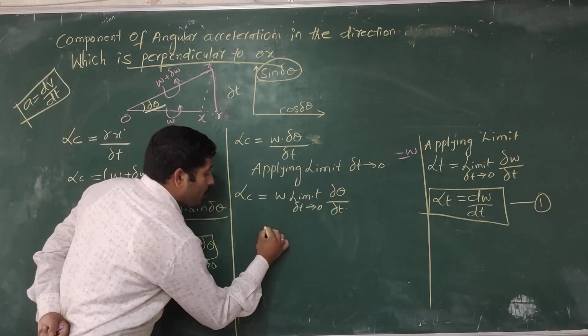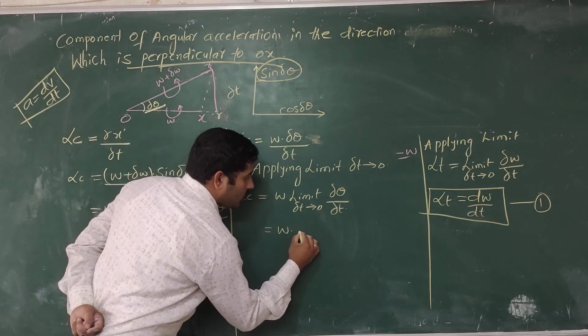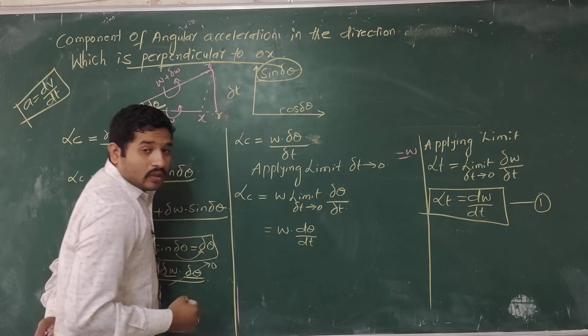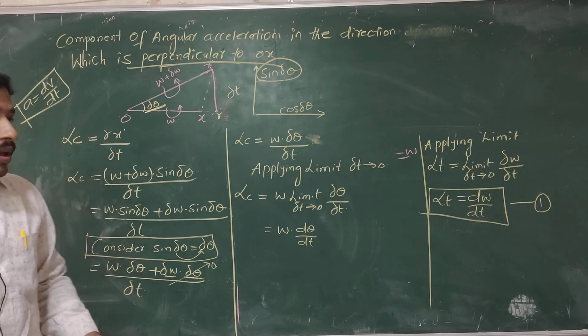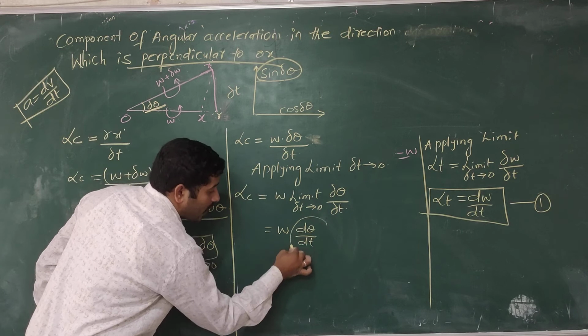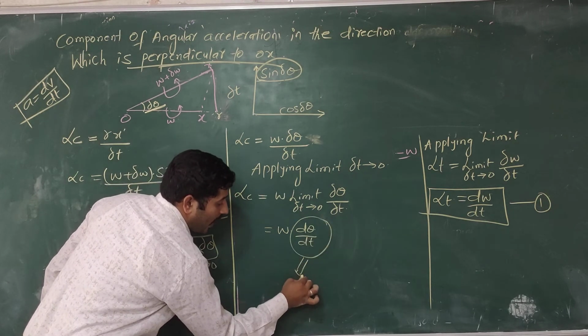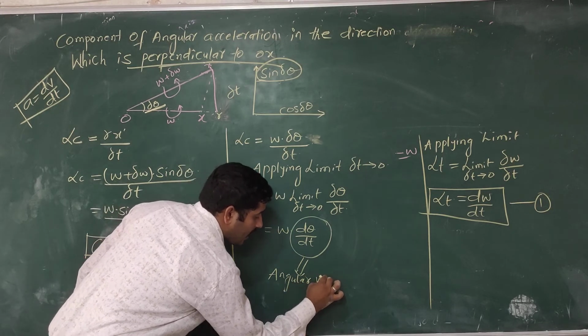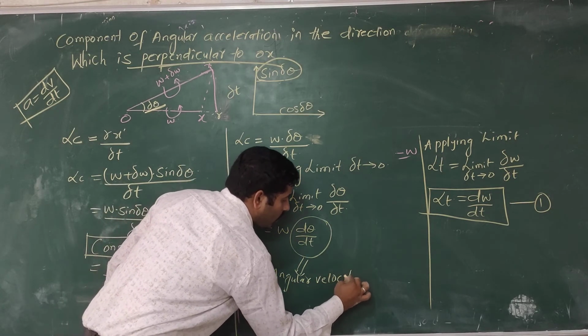So we can represent it as omega into d theta by dt. So d theta by dt, what can we say? This one we can say is angular velocity.